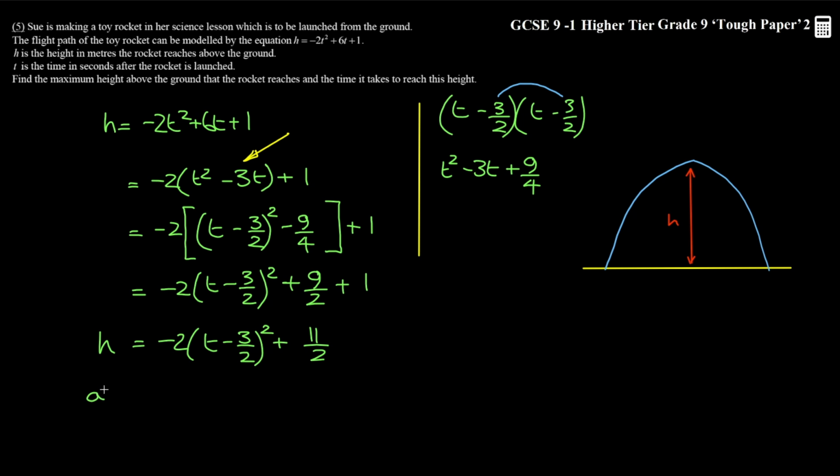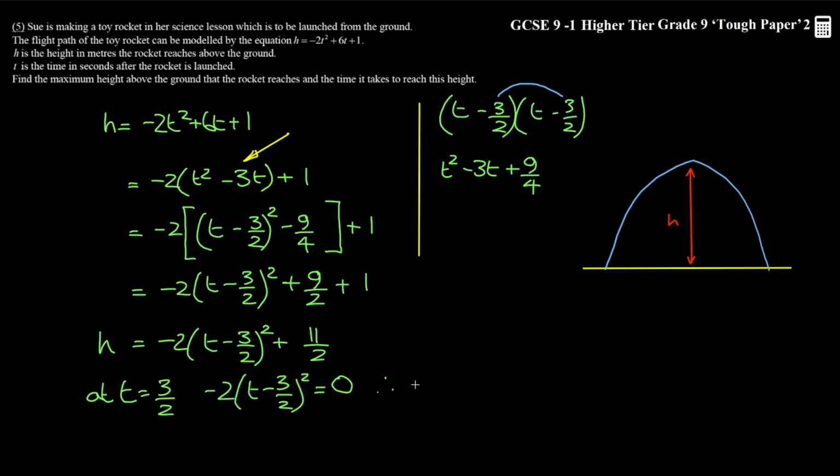So I can say at t is equal to 3/2, our bracket is equal to 0. So it will pull the value of h down at all times other than when t is equal to 3/2.